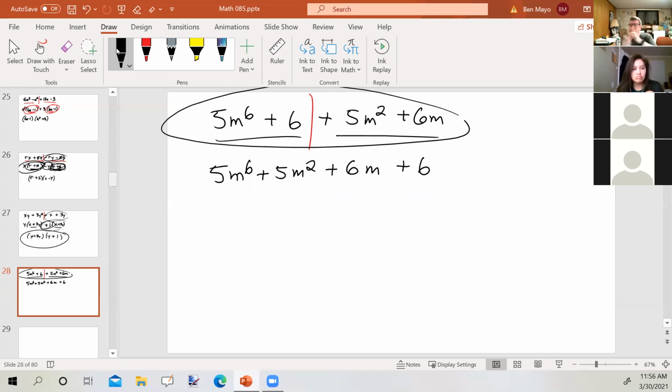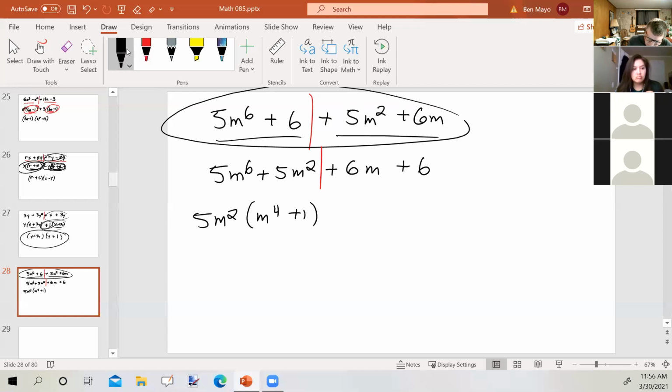Can I switch those all around? Not only is multiplication commutative, but addition is commutative. You can add terms in any order, so I can switch them around. Let's see if that works. So now the greatest common factor of the first two terms would be 5m squared, and I'd have m to the 4th plus 1.